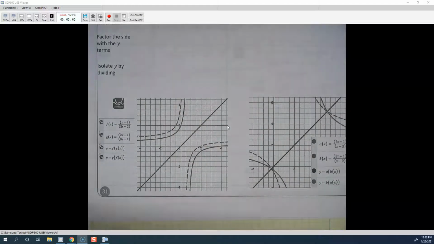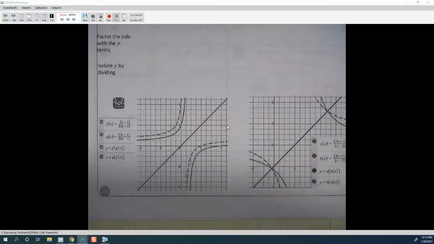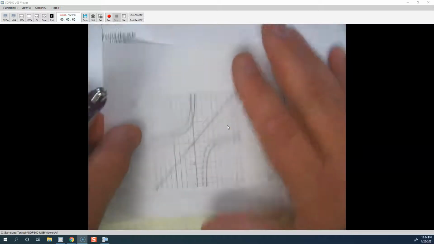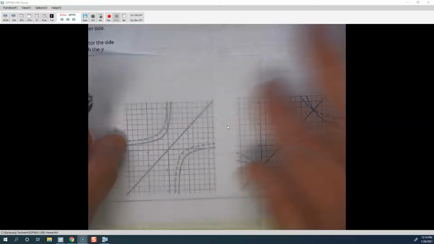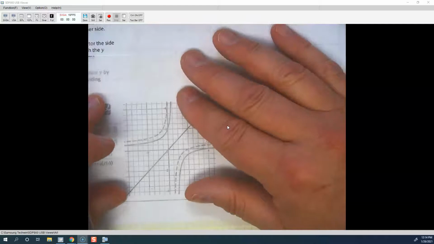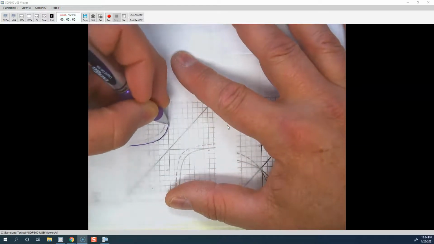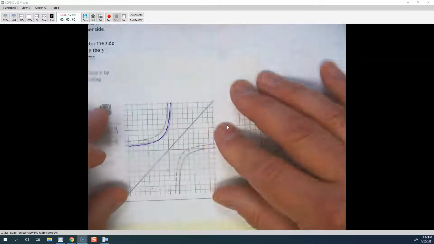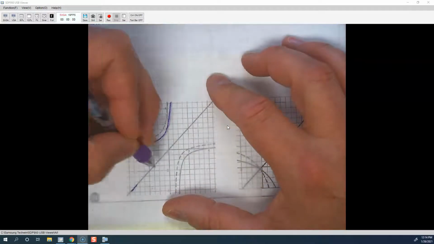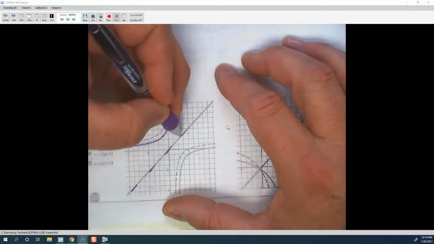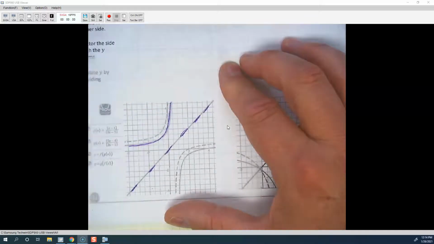Okay, so if I had a rational function and I wanted to graph its inverse, I'm going to take one branch of this rational function, this one in the upper left-hand corner. Now I'm going to fold it over the line y equals x.